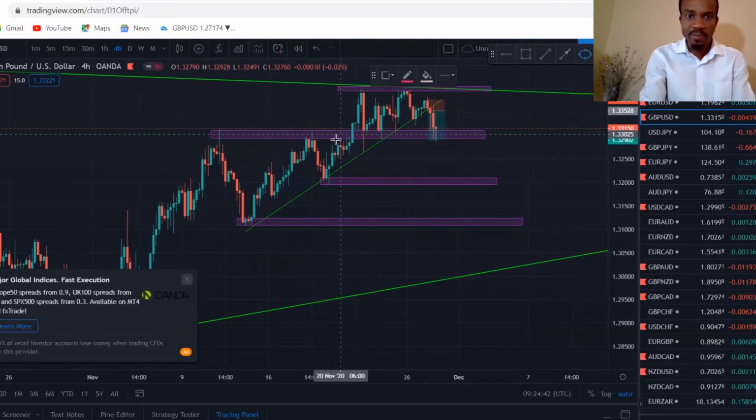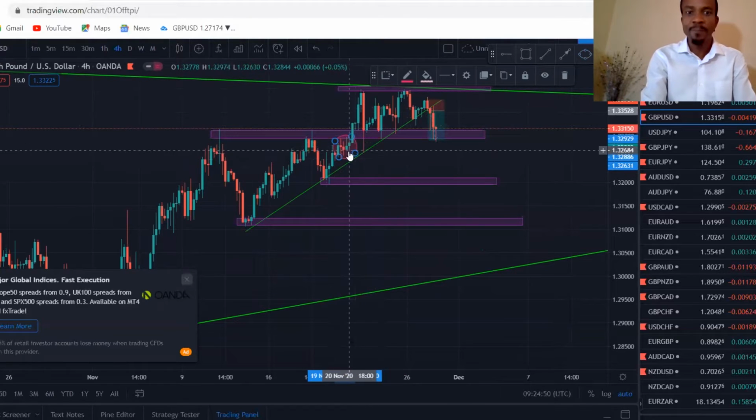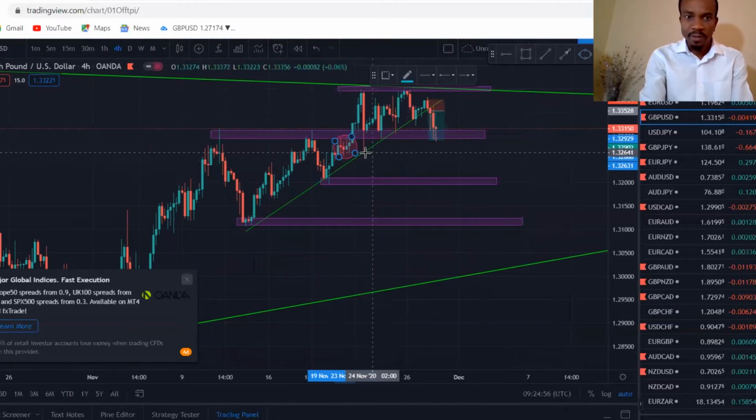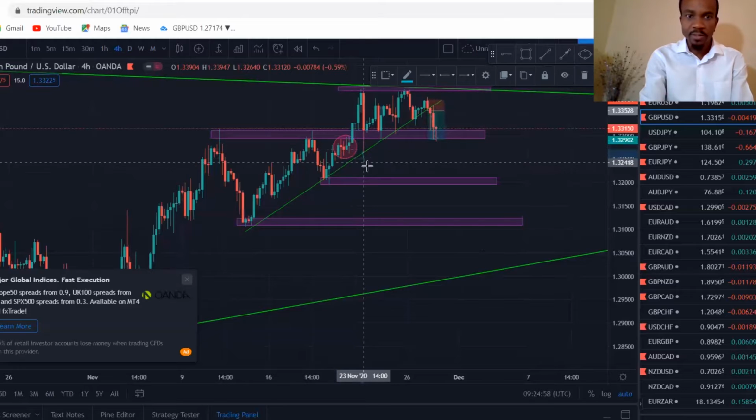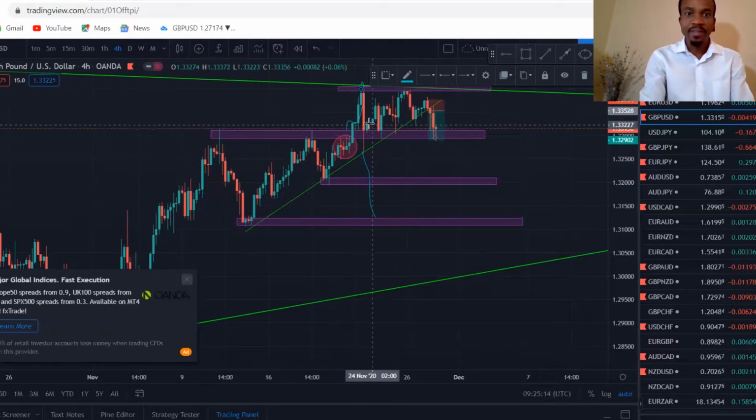As we analyzed the market, price was sitting around this area, and we said at that time that what we're expecting is that price will probably shoot to the downside. But we said also that if price doesn't break this trend line, price may do like this, then consolidate there and shoot to this level. And that's what price did.